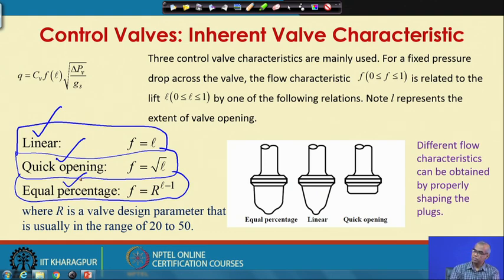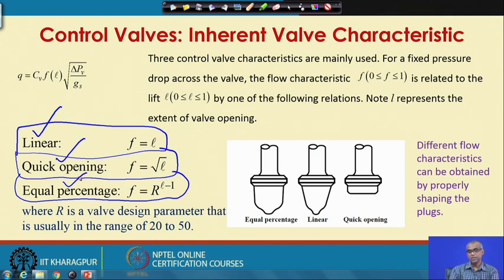Different flow characteristics can be obtained by properly shaping the plugs of the valve. If you remember, one end of the stem is attached to the diaphragm, which is at the top of the control valve actuator, and at the other end of the stem there is the plug.